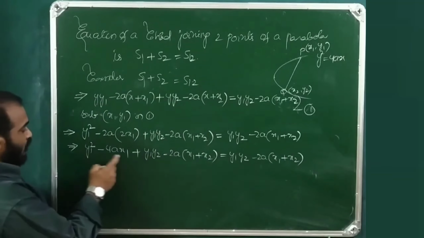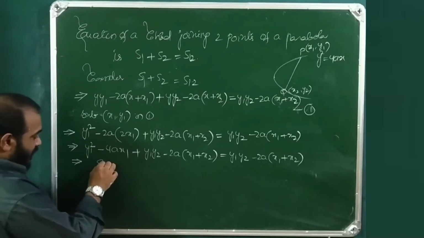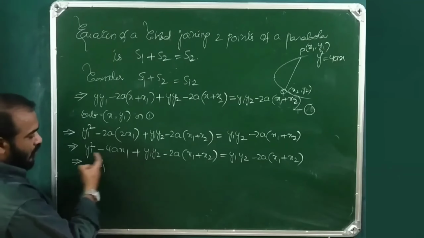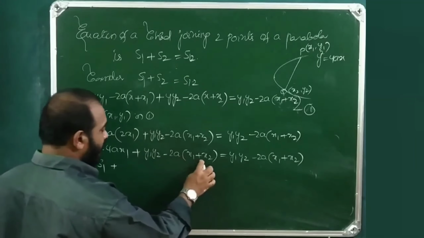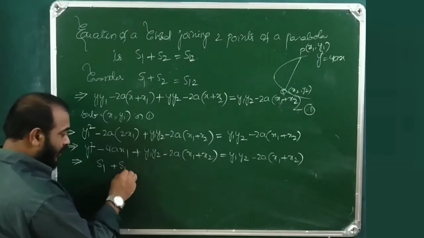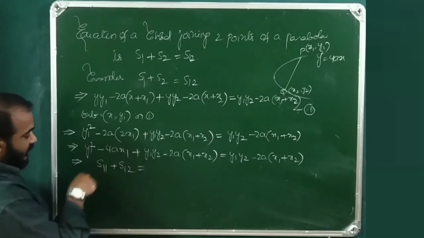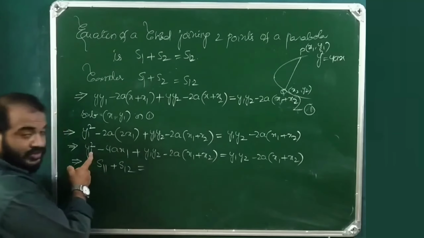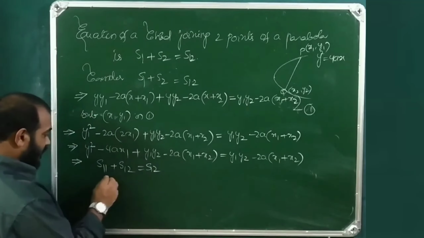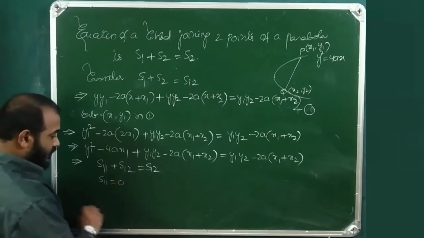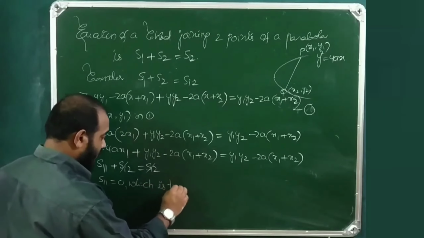So what is y1 square minus 4a x1? This is the notation of S11. And this is S12, that is y1 y2 minus 2a into (x1 plus x2). So here S11 equals 0, which is true.